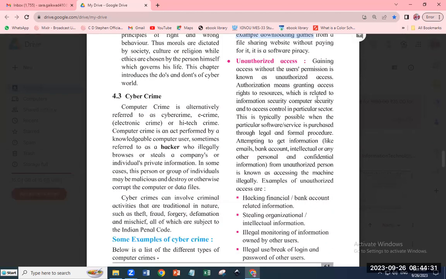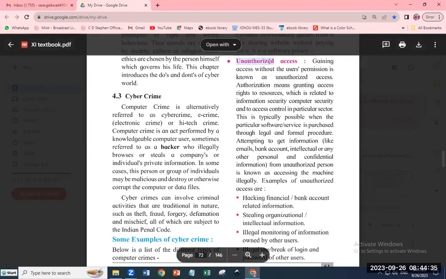Second is unauthorized access. Unauthorized access versus authorized access, right? An authorized person is someone who has authorization and is the owner. But here there is unauthorized access. Gaining access without the user's permission is known as unauthorized access.